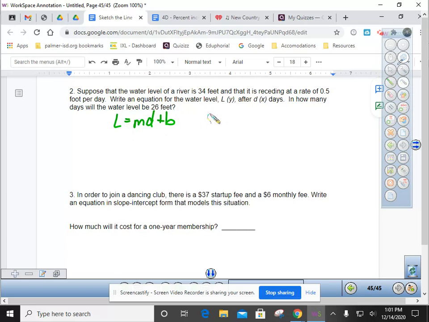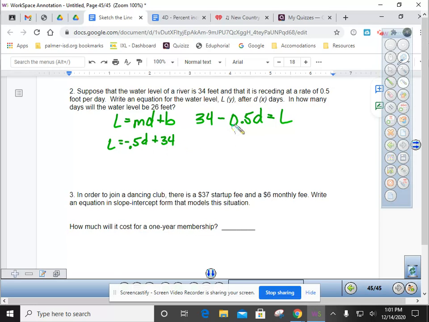So what is it now? Minus, this one's a tough one, that's why I'm doing it with you. You see how I flipped it? Or you could have done it this way. L equals negative 0.5 D plus 34.